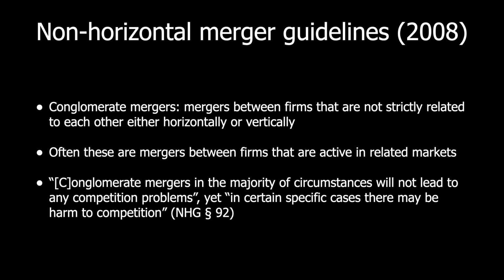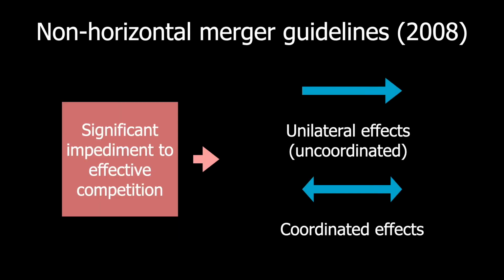Two firms operating in each of these markets may not be actual competitors today, and so the merger would not be a horizontal merger. But the prospect of market convergence may imply that they are potential competitors in the medium to long term. Since 2008, however, the Commission has downplayed these concerns, as you can see from this quote from the non-horizontal guidelines.